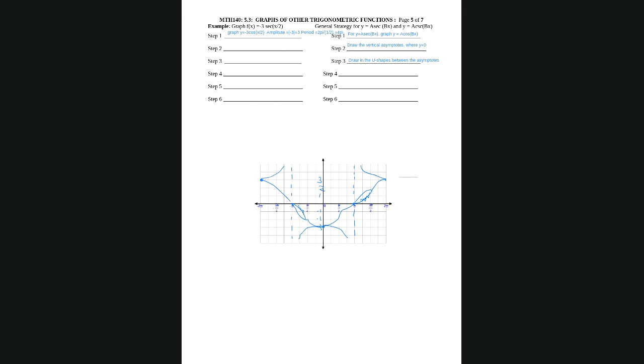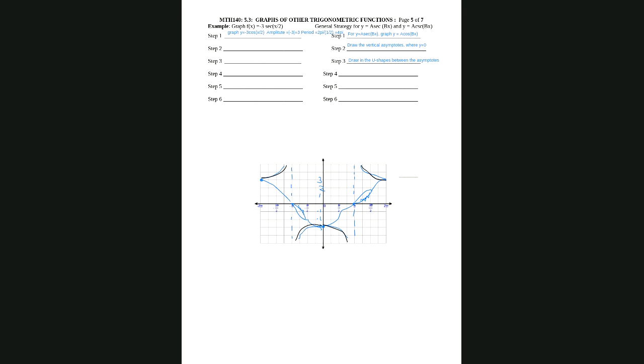Okay, the original was the graph of, there we go, colors. So this black that I'm drawing is the graph of the secant function, and the blue was the graph of the cosine function.